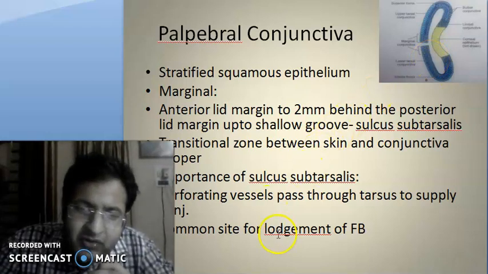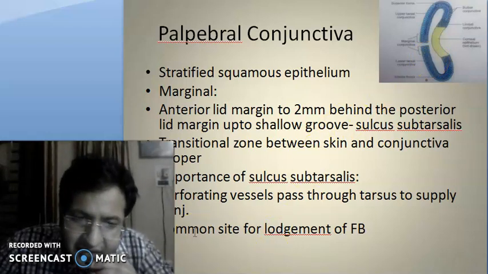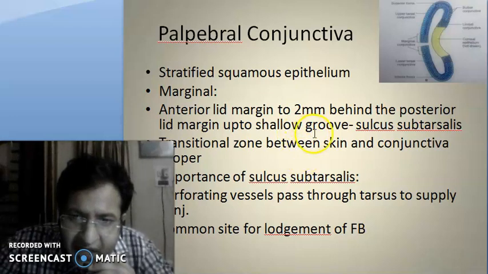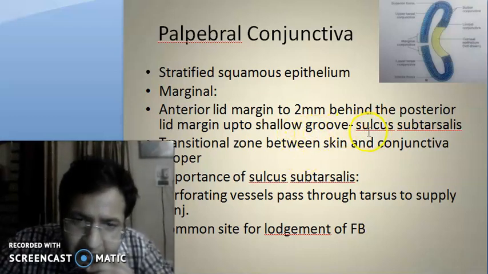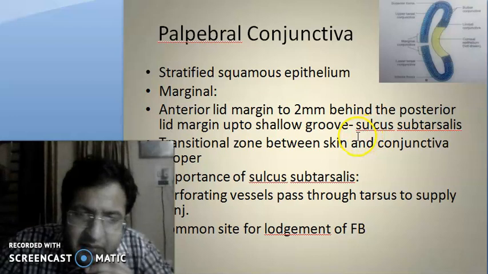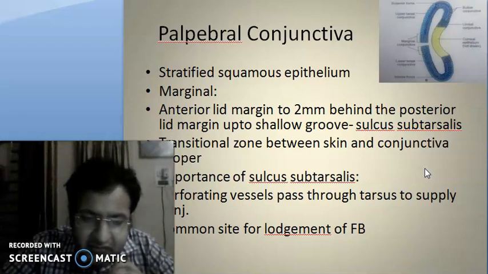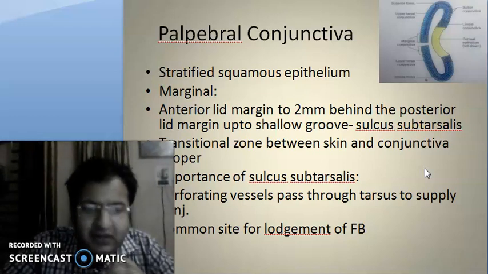What is the importance of the sulcus subtarsalis of the lid? It is a shallow groove, 2 mm behind the posterior lid margin.